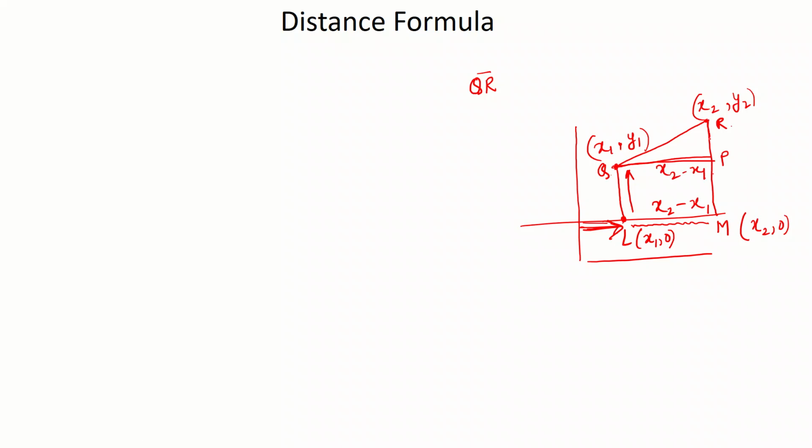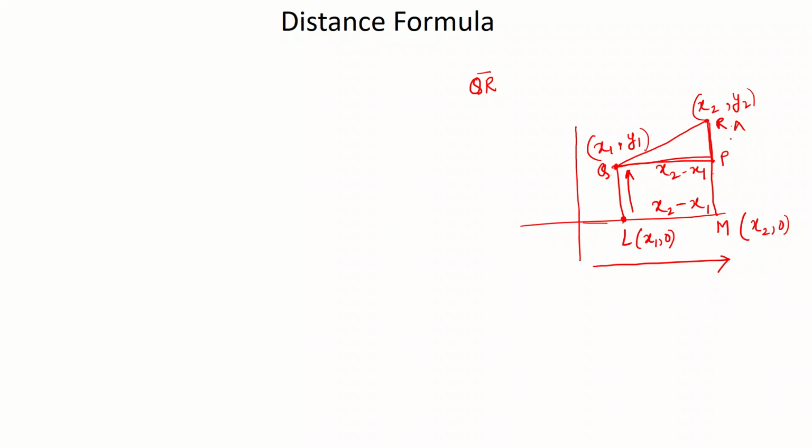Now what about this distance PR? You know that MR is actually y2, because in order to reach the point R we travel x2 units along the x-axis and then y2 units along the y-axis.